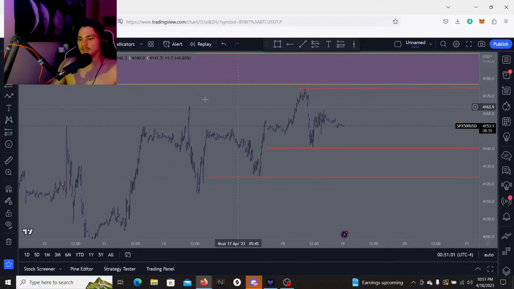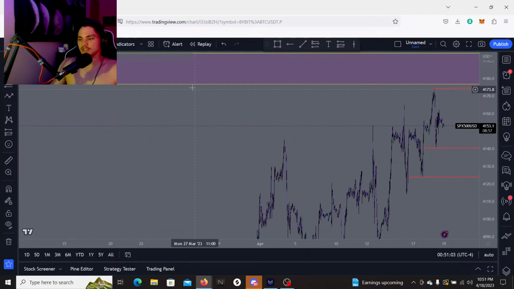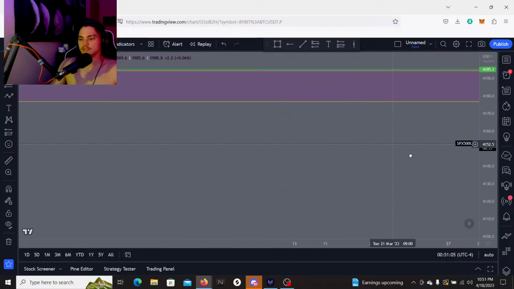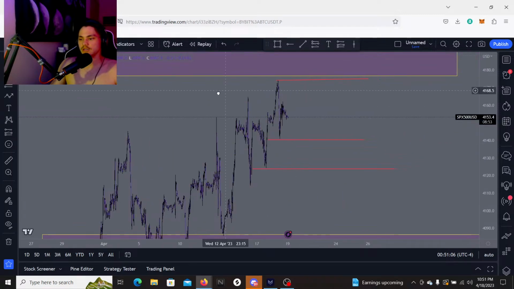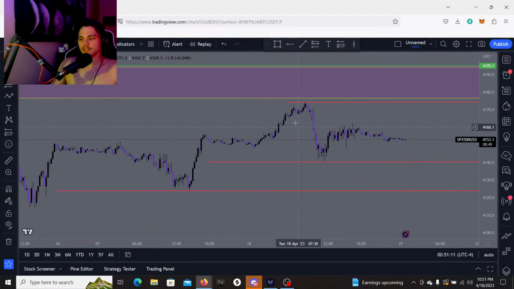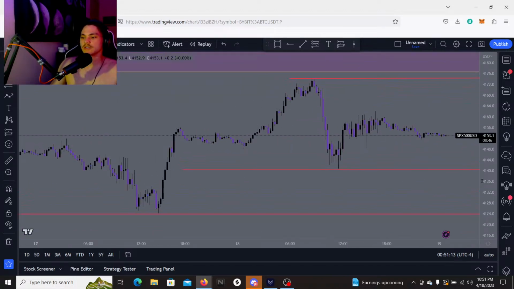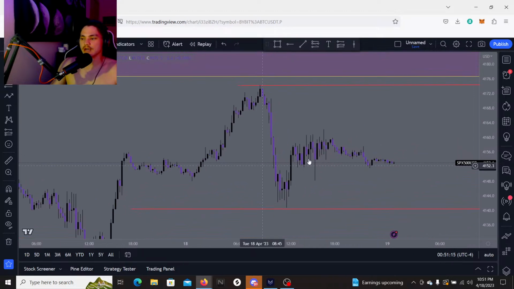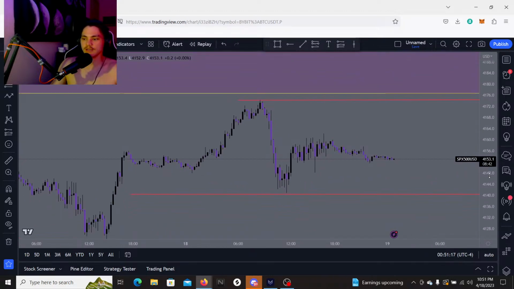We were making highs that haven't been touched in months. So ideally, it really wasn't a day that I want to trade because of that. I don't know what it's going to do. It's touching into higher time frame levels that haven't been hit in a long time.